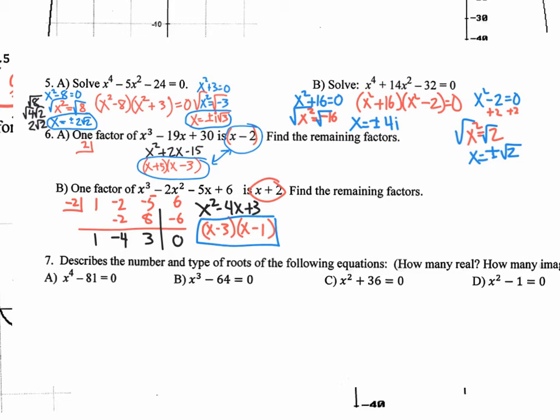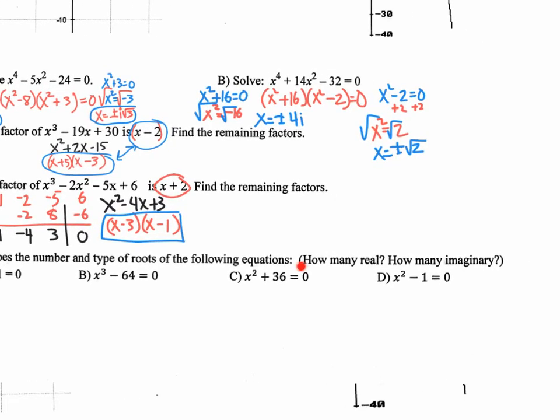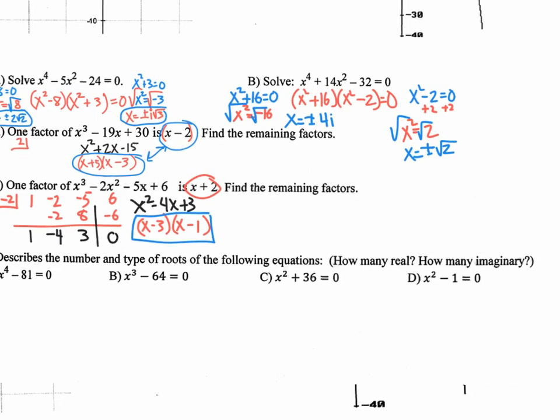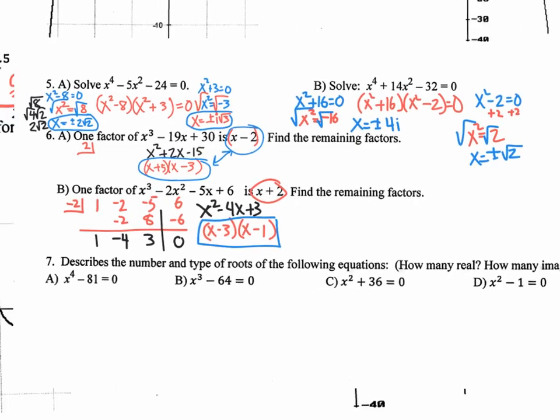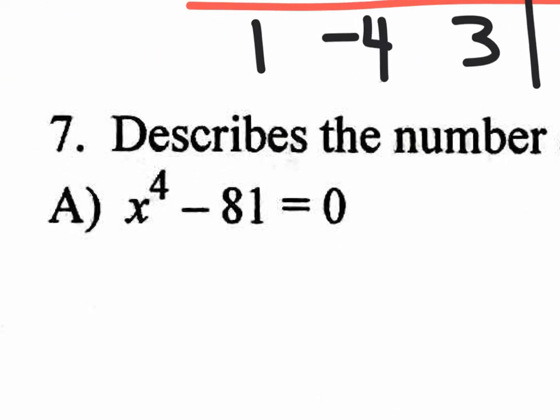So when they say name the number and type of roots of the following equation, they're saying how many answers do you have and what kind of answers are they? Now, notice this is like a little note I put right here for you. How many real, how many imaginary? They're not going to say that on your final. But obviously you're going to have multiple choice answers, so you should see that some of them tell you there's 3 real, 1 imaginary, or something like that. So let's look at this one.